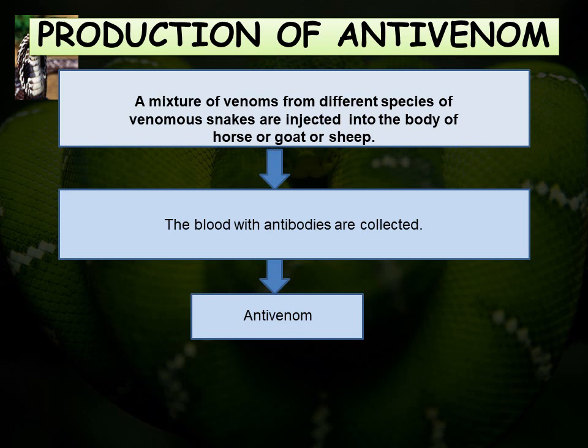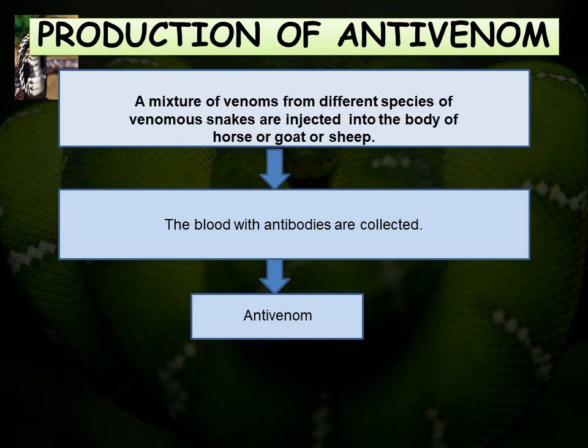Now, why I have given this picture is because it will give you an answer to a question that is often asked: why is injecting this anti-snake venom associated with hypersensitivity reaction? We have seen a lot of cases where the moment you give this anti-snake venom, the hypersensitivity reaction starts and even the patient can die.